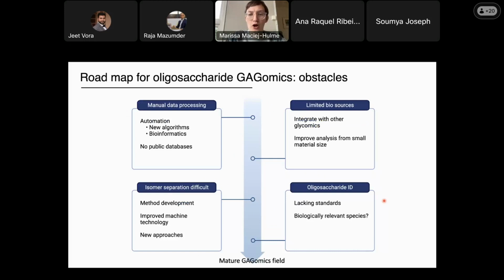The quest for more biologically informative information doesn't come without its challenges, and the field is in its infancy compared to other glycomics. Right now, almost all analysis is done manually. And I say this with a heavy heart, which is time-consuming and limits the number of samples that can be analysed. And this, I believe, is currently one of the biggest bottlenecks towards mature GAGomics.